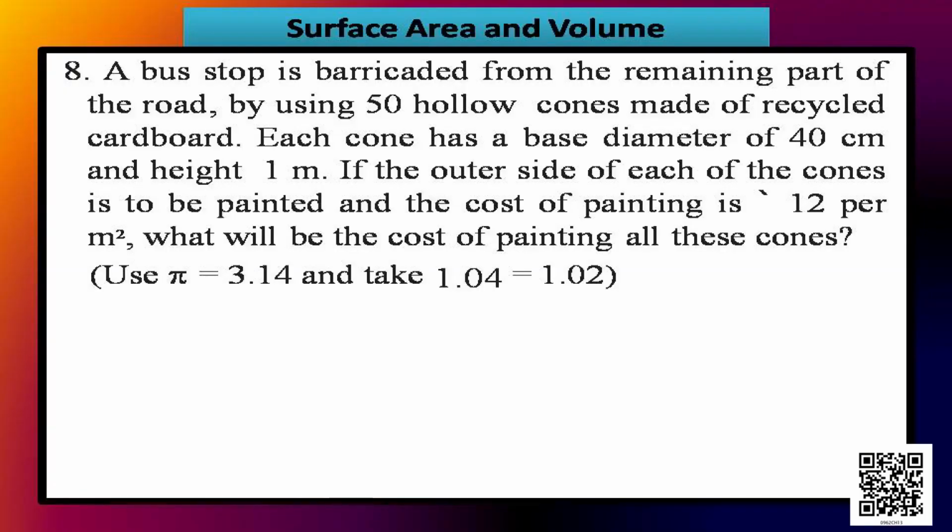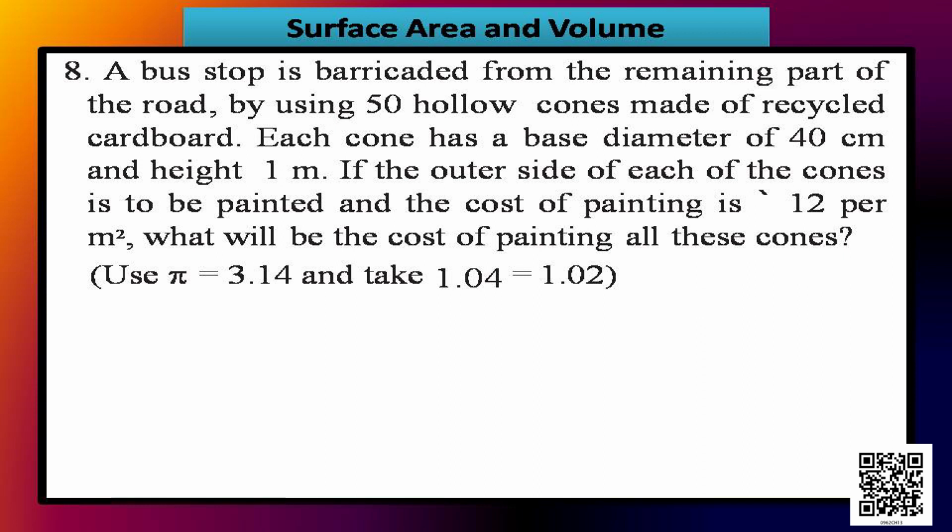Okay, it says a bus stop is barricaded from the remaining part of the road by using 50 hollow cones made of recycled cardboard. Each cone has a base diameter of 40 cm and height 1 meter.